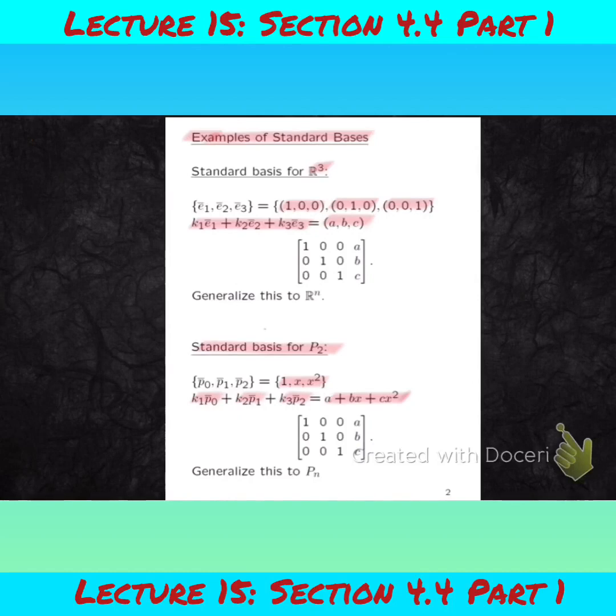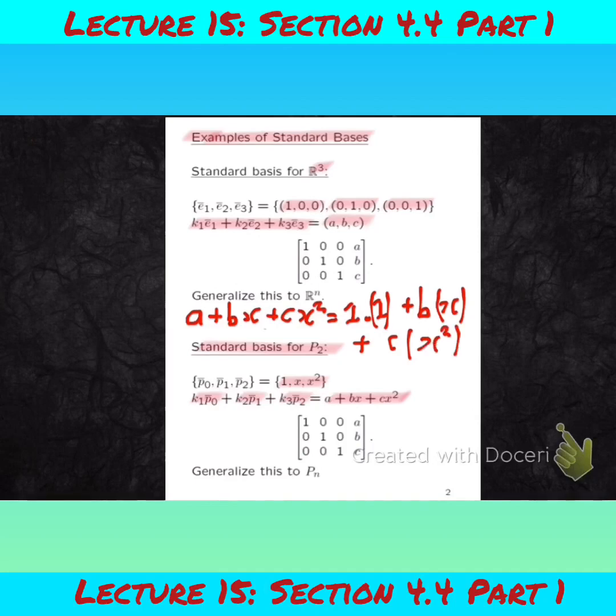Okay, so for example, you can take a + bx + cx squared, and you can write that as a times polynomial p0, which is 1, plus b times polynomial p1, which is x, plus c times the polynomial x squared.